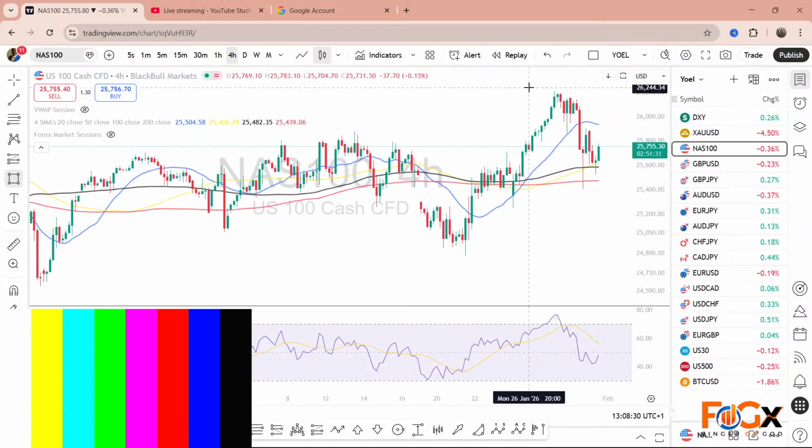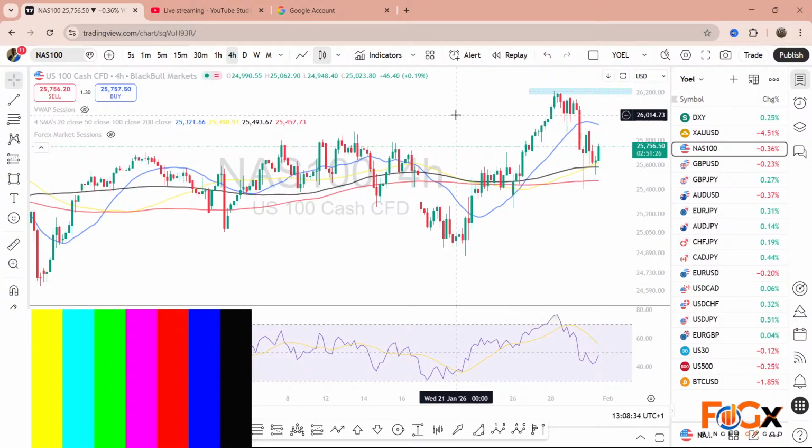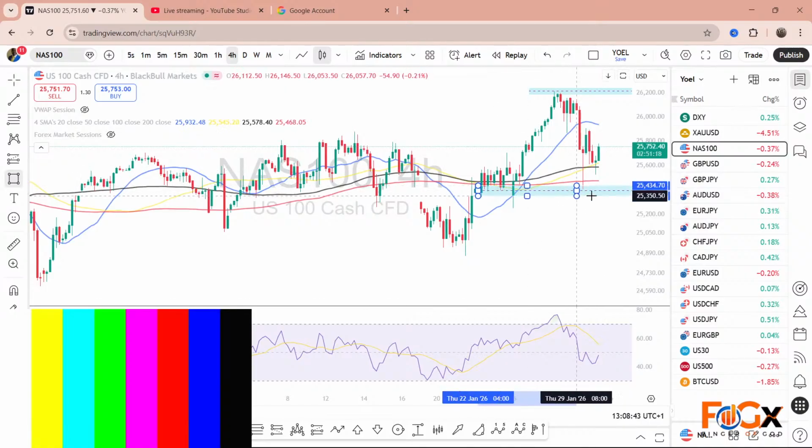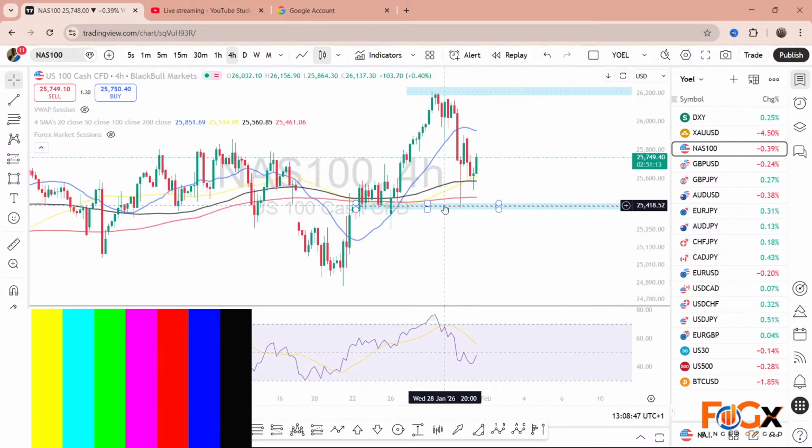So see, first key zone here. 1. 2. And if you notice, that's where it came, and then it bounced.